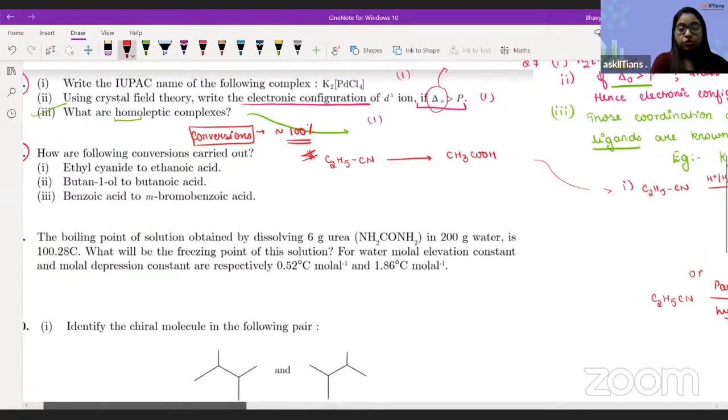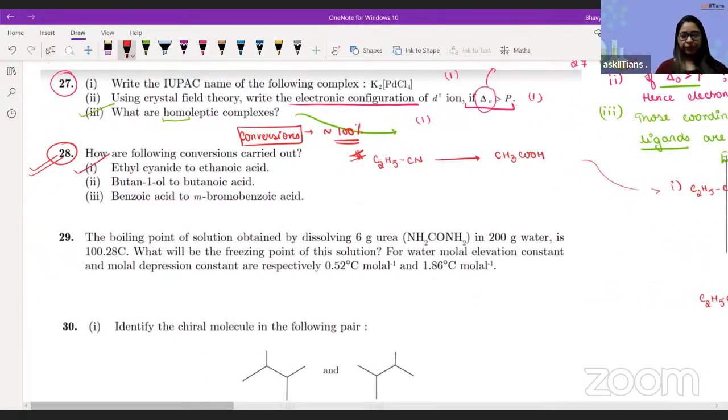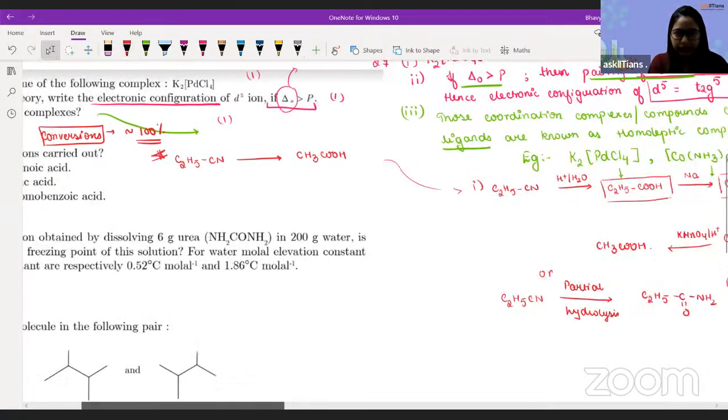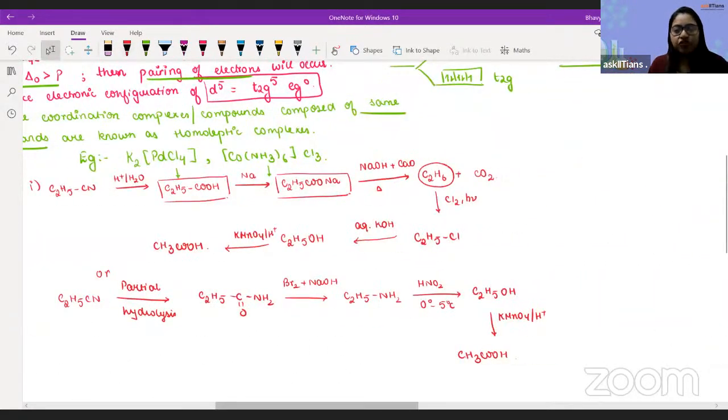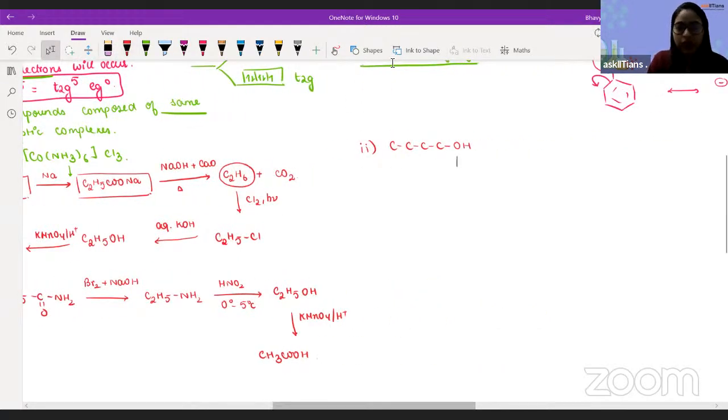So this was for the first. Second is butan-1-ol to butanoic acid. But this one is easy, because just now you have seen butan-1-ol means C, C, C, C, and OH, right? This is butanol. Of course, there are CH3s involved; I have not written them.